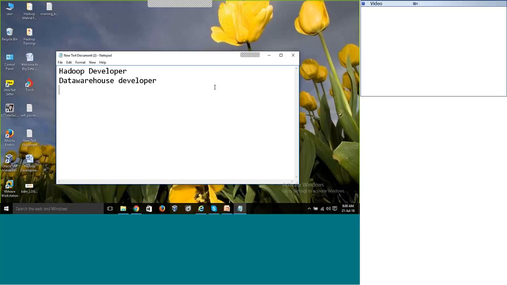So that knowledge is used here, and you can get into a data warehouse developer role. Hadoop also has some NoSQL systems, which are different. We are going to talk about the NoSQL systems in our next class. I'm going to finish in just 5 minutes, because we just completed the theory part. Tomorrow we are going to talk about all the Hadoop course curriculum components, what they do, and what the underlying technologies are.